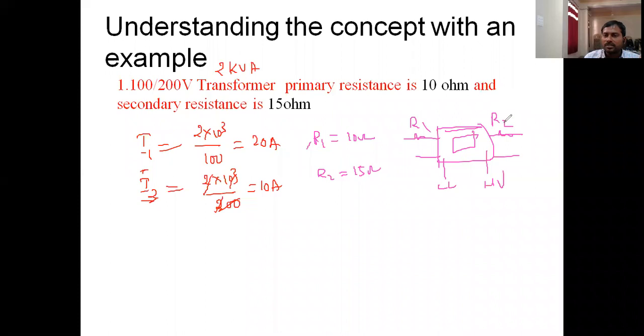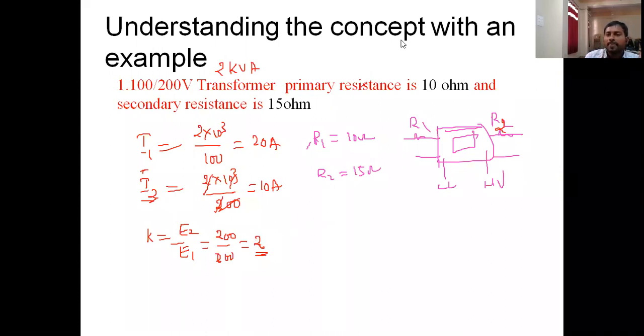If you transfer this R2 resistance to the primary, how will it change? Let us understand that. We know that K is equal to E2 by E1, which is 200 by 100, equal to 2. The transformation ratio is 2.